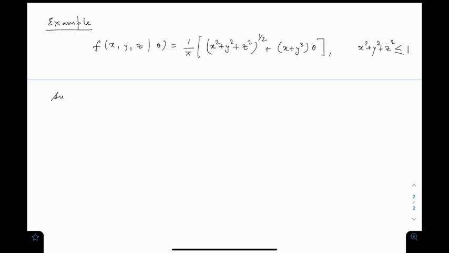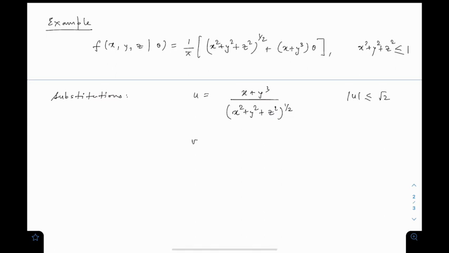So if we introduce substitutions, u equals x plus y cubed over the square root of x squared plus y squared plus z squared, and the modulus of u is less than or equal to root 2. v is simply the square root of x squared plus y squared plus z squared, and we keep z as z, so v must be between 0 and 1.